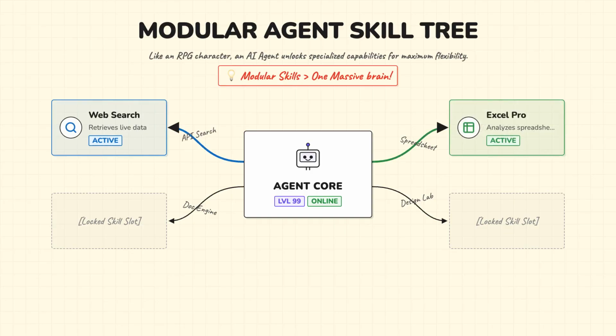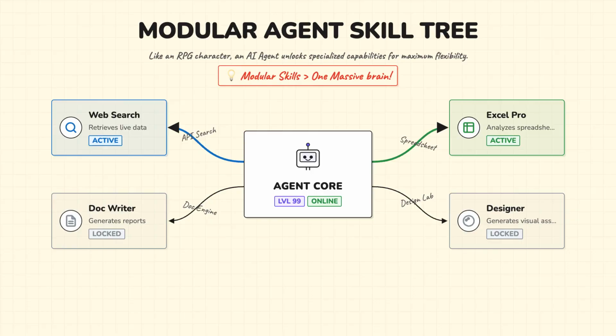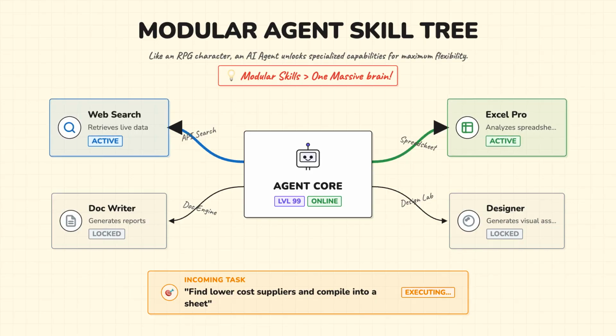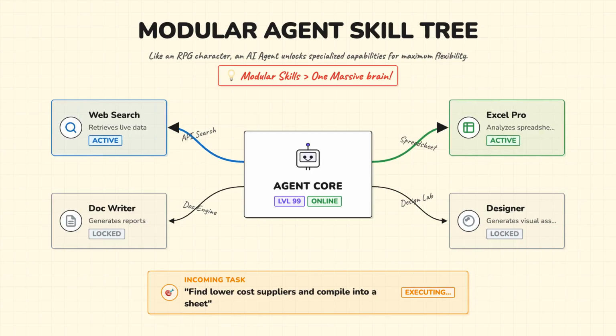An agent might have a web search skill, a spreadsheet analysis skill, a slide generation skill, or an image creation skill. When a task comes in, the agent looks at its toolkit and activates the exact skill required for that specific step. This modular approach makes the agent incredibly flexible, easy to upgrade, and highly reliable.